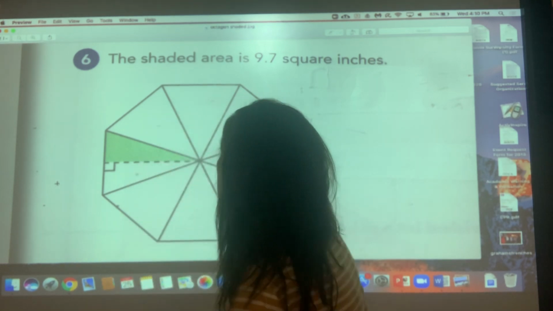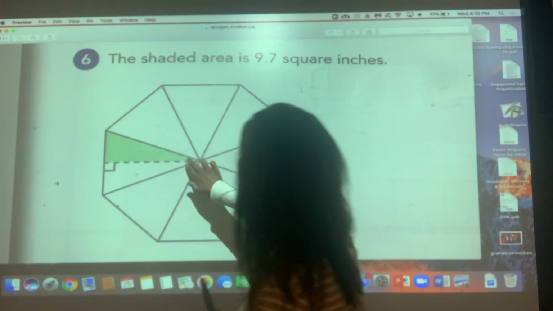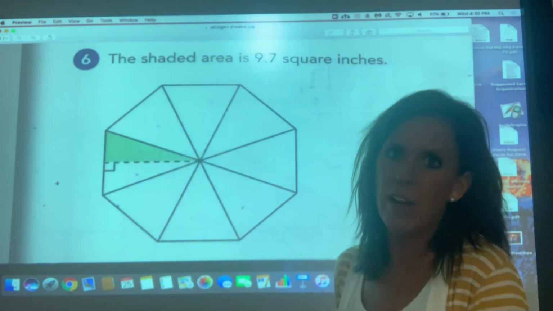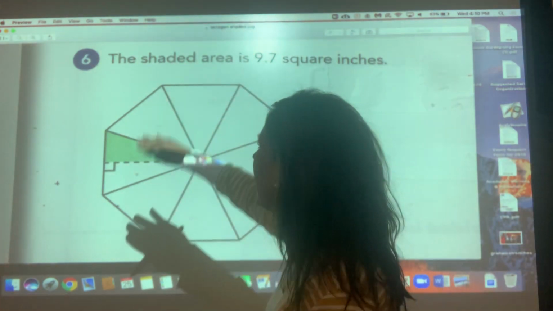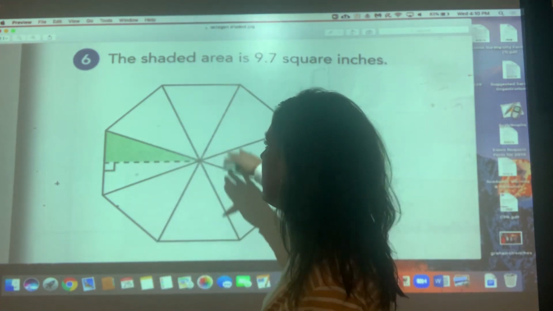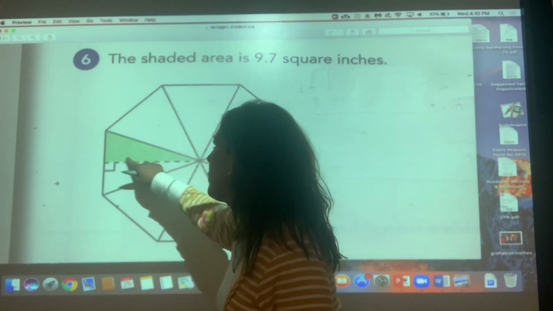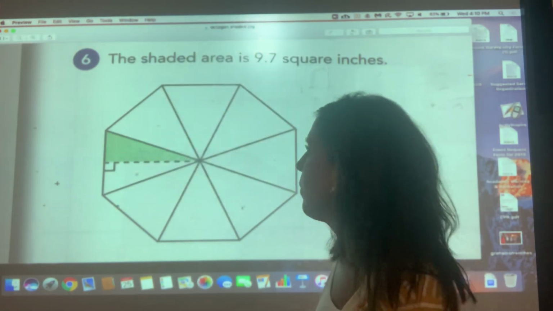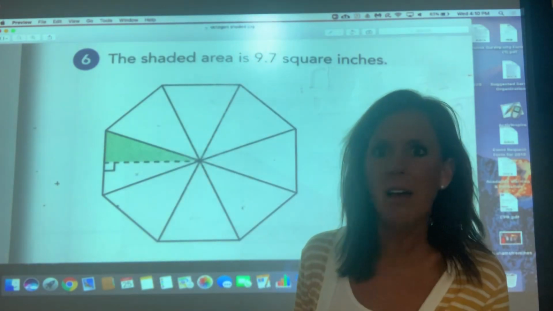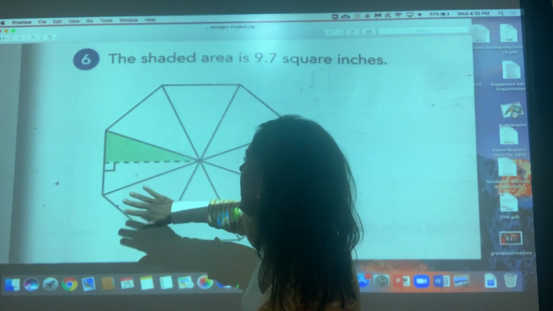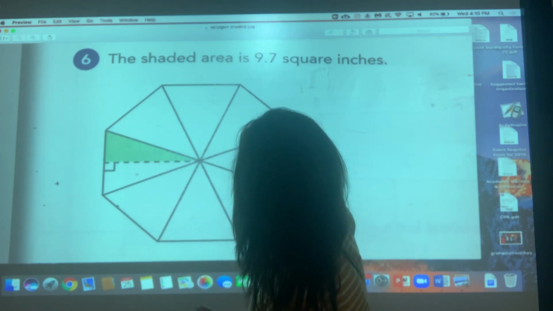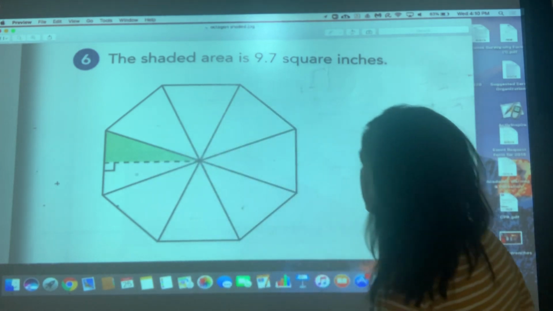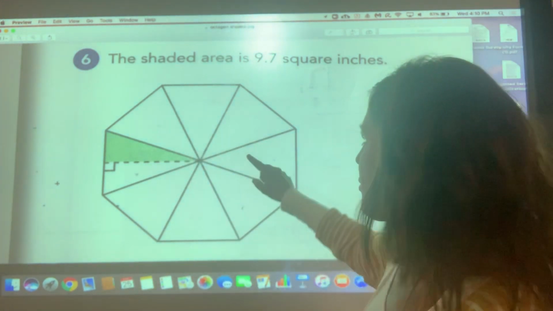On this problem, only half of one of the triangles is shaded. So if we have 8 whole triangles, how many of these shaded parts would we have in the entire regular octagon? We would have 16, because 1, 2, 3, 4, 5, 6, 7, 8, 9, 10, 11, 12, 13, 14, 15, 16. So we're going to have 16 of that shaded part.